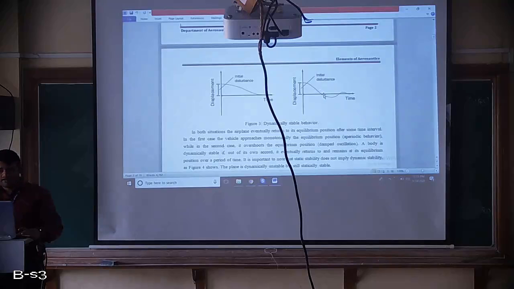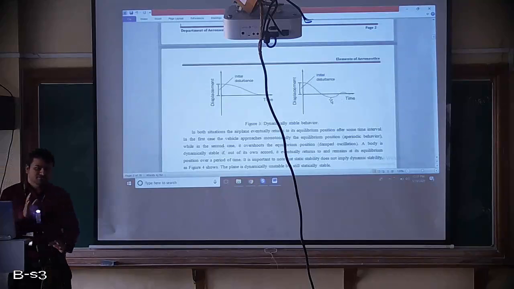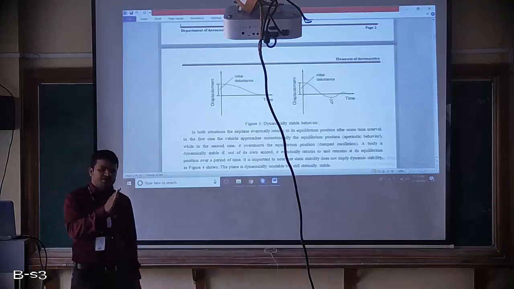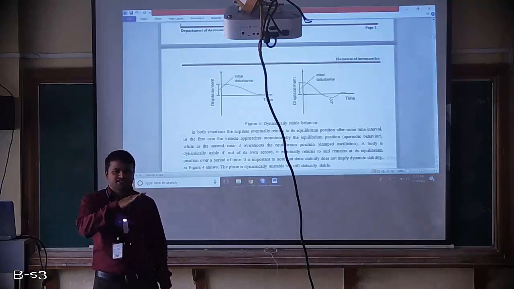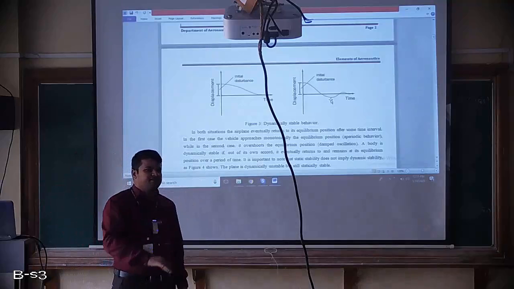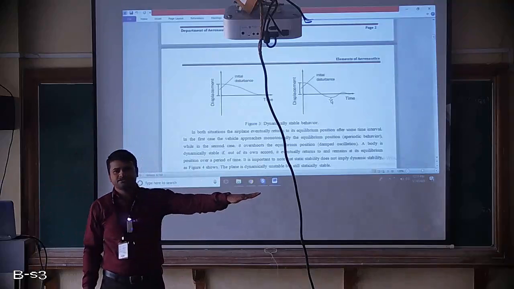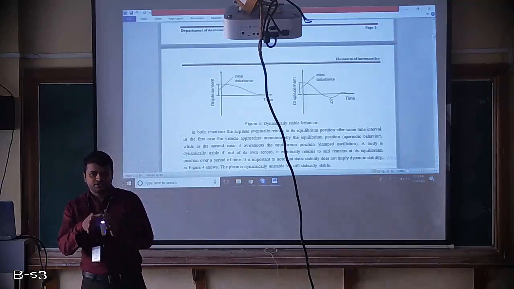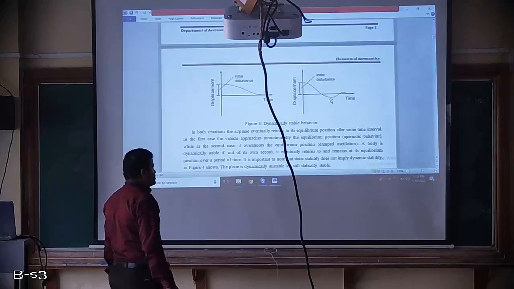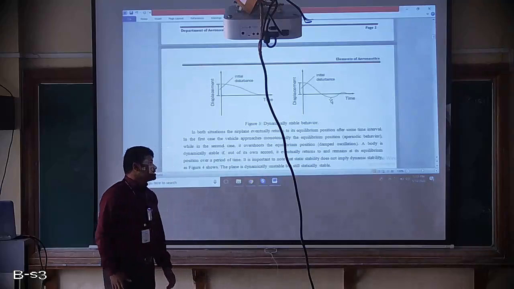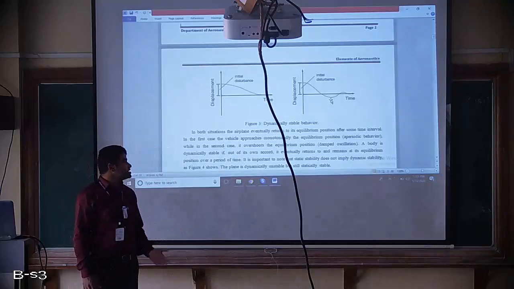But the reduction in disturbance we can see. Again after some time, it is trying to come back to its original position. As time increases, the amplitude of the disturbance starts reducing, and finally it reaches the stable condition. This is how the dynamically stable behavior looks like.